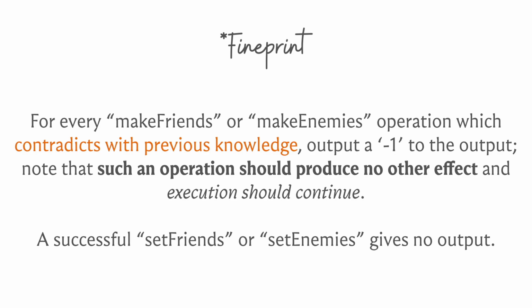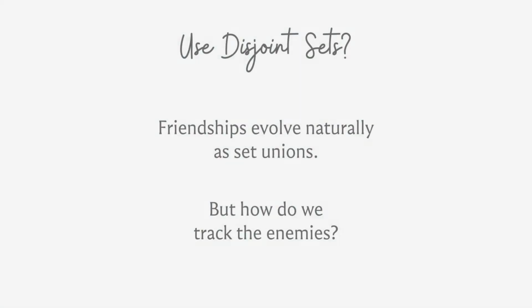So I think it's pretty natural to use disjoint sets to keep track of the friendships, but the real question is, how do you keep track of the enemies? That's some extra information that you do need to carry along, and you need to find some way of making room for this extra baggage in your disjoint sets data structure.